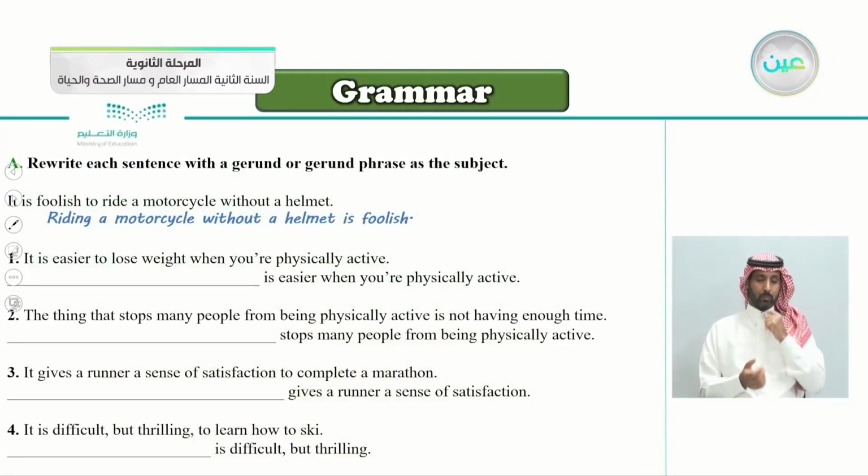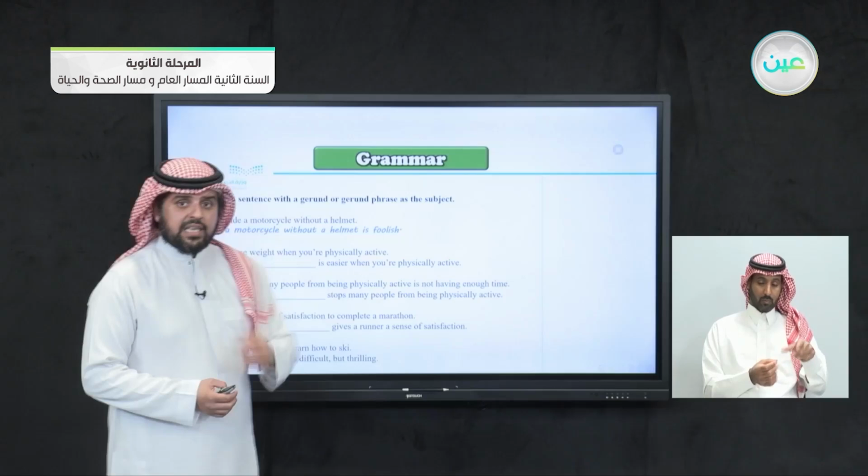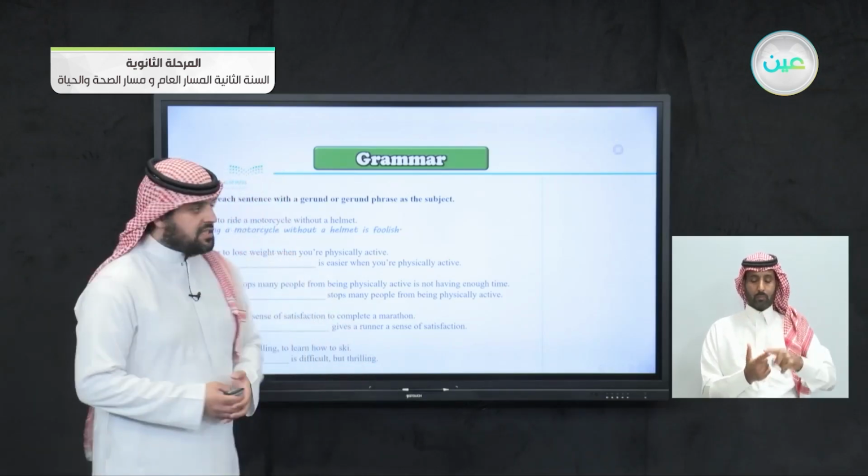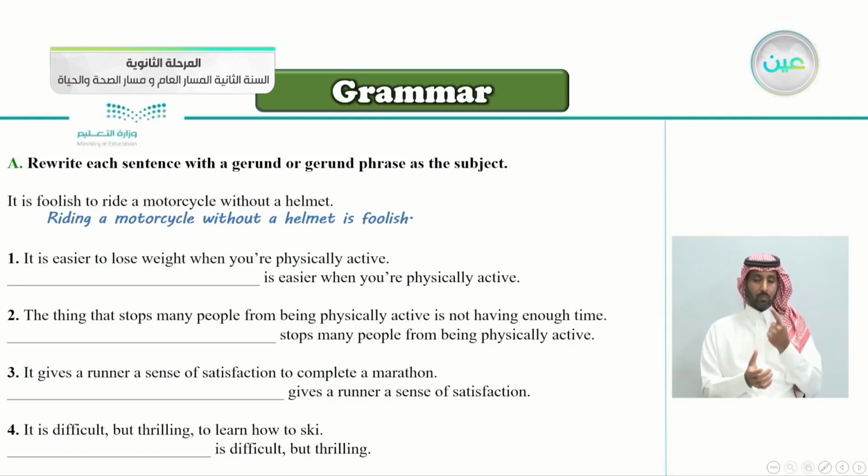So exercise A here. Rewrite each sentence with a gerund or a gerund phrase as the subject. So we'll be rewriting each sentence using a gerund or a gerund phrase as the subject. The first one is already done here.